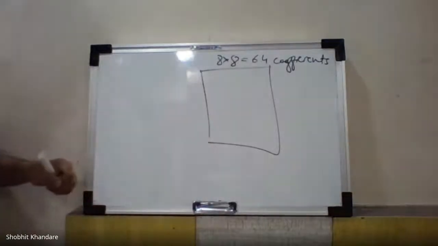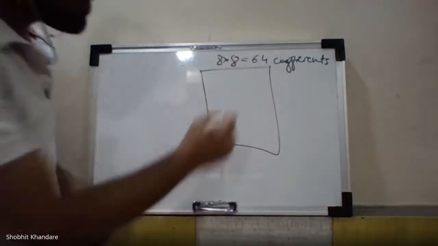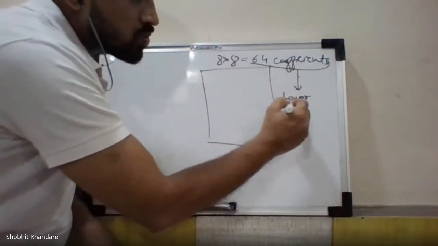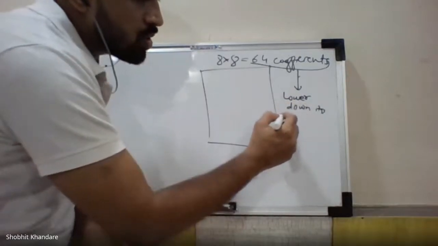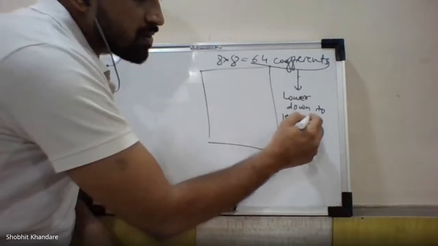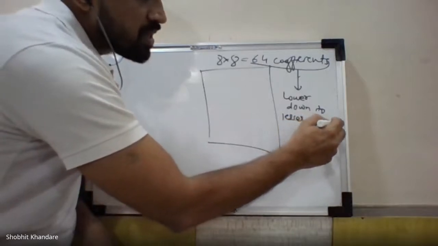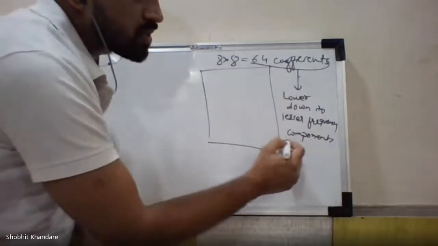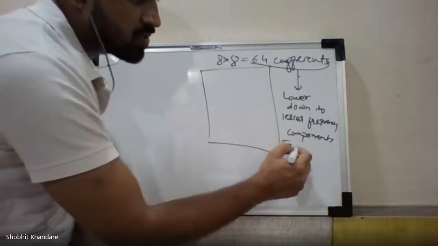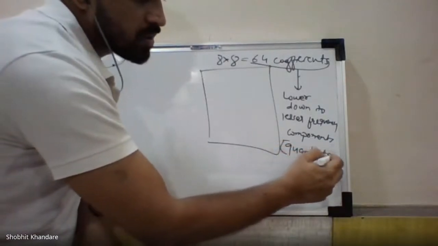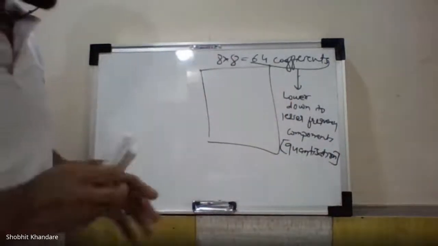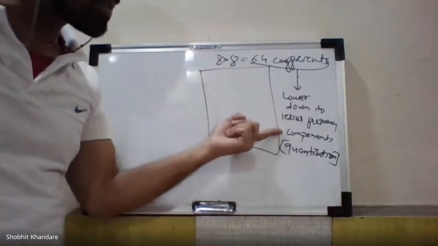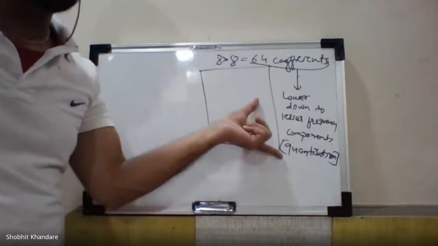These 64 coefficients have to be lowered down to lesser frequency components. That is nothing but using quantization. We are doing the quantization.